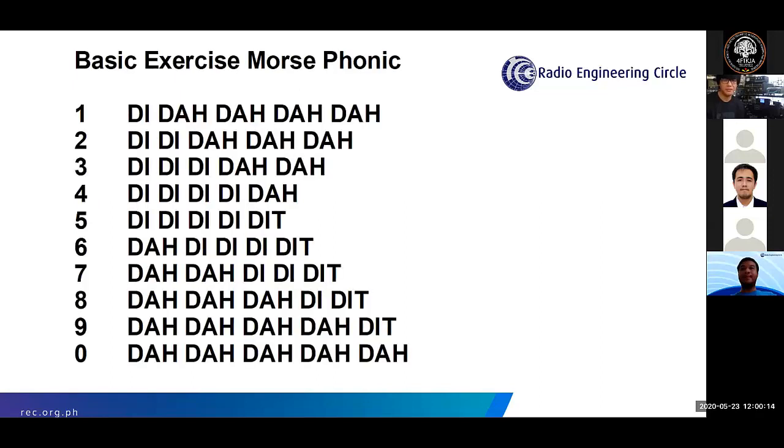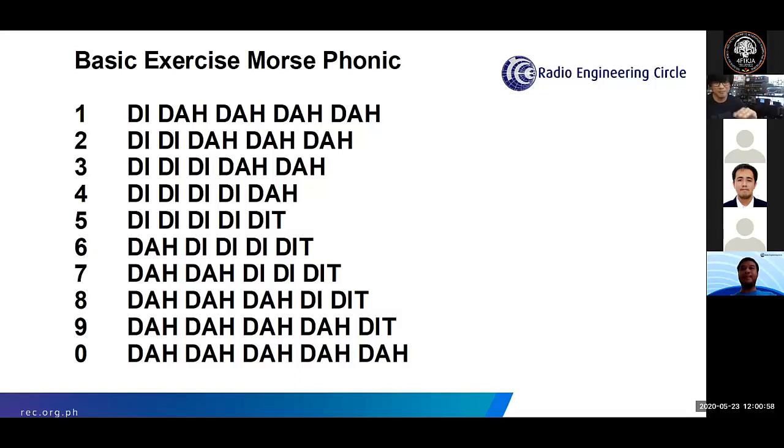So we're going to the numbers now. If you look at the numbers and how they sound, there's a pattern. It's like a descending one: one di and four units of da, then two di and three units of da.